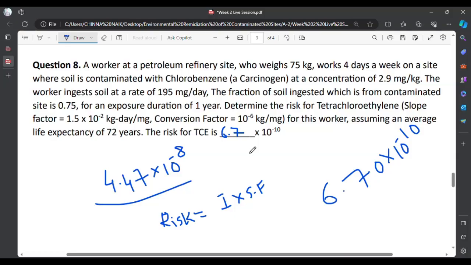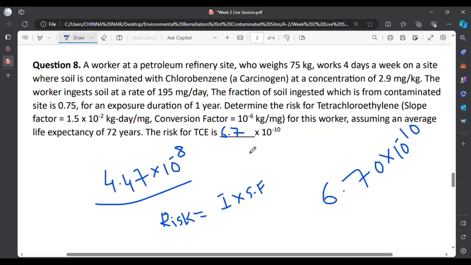If it is acceptable, then we don't need to go for remediation. Again, it depends on some factors, conditions. If it is unacceptable, then we should go for remediation. So how can we tell whether it is acceptable risk or not?